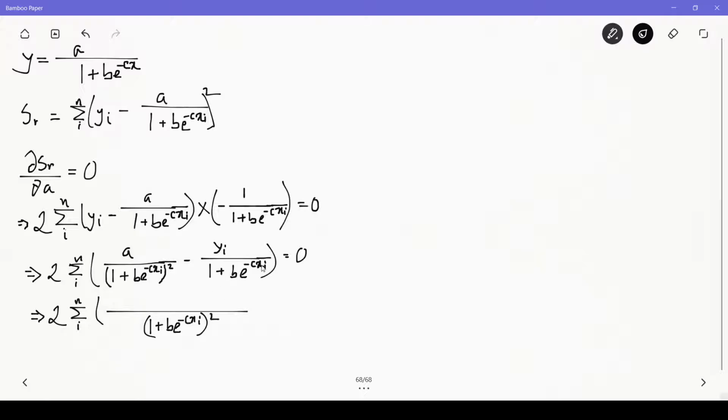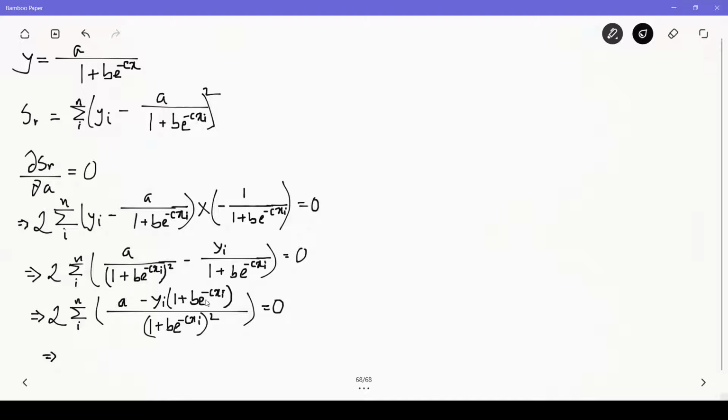And since this one had a single instance of 1 plus b e to the power minus cxi, we have to multiply with yi this term over here, right? So 1 plus b e to the power minus cxi. Okay, so now that we have this, what can we do?